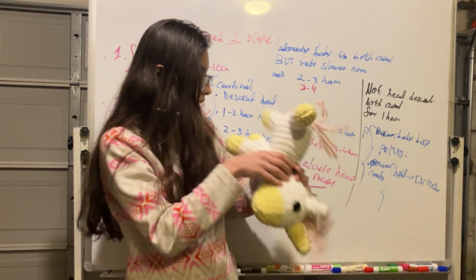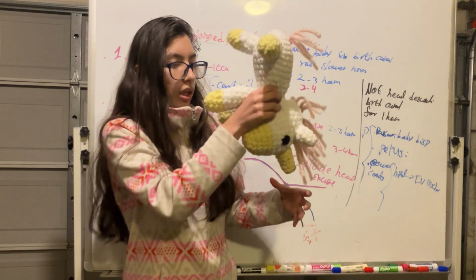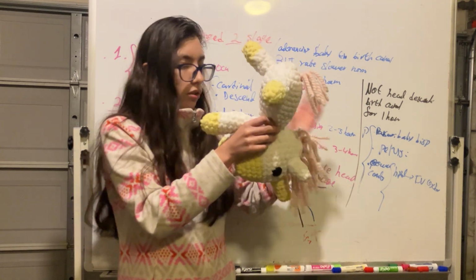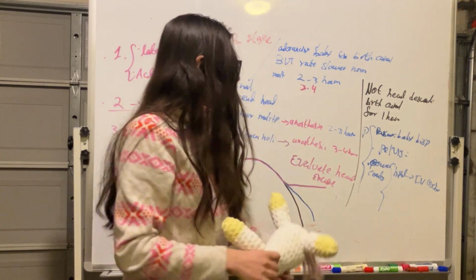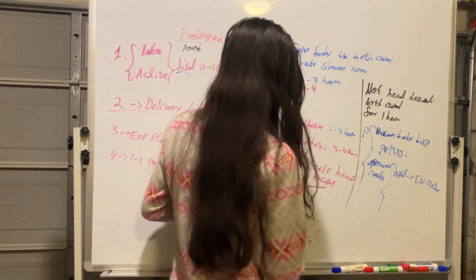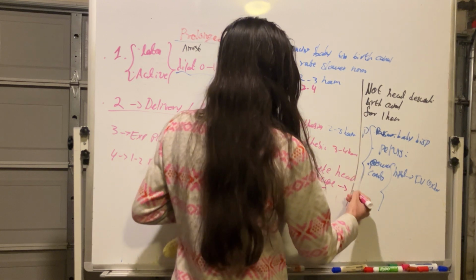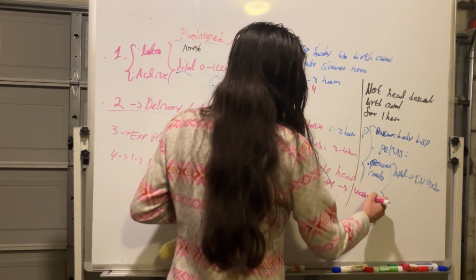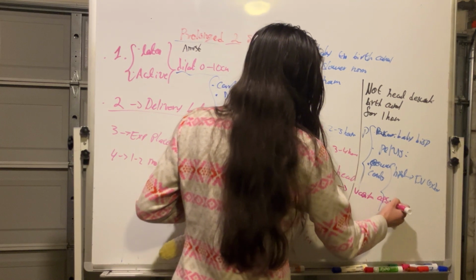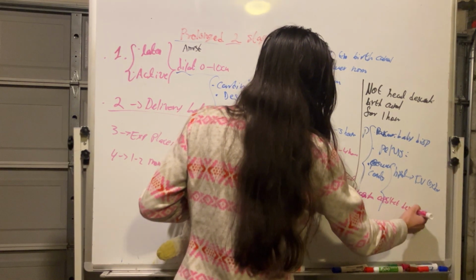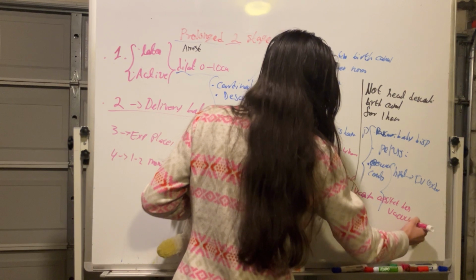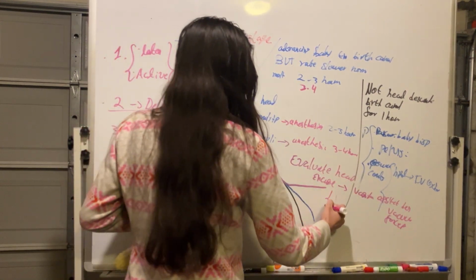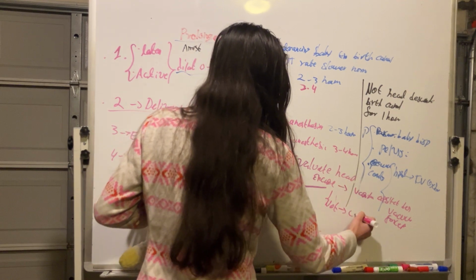If the head is not engaged, so if the baby is floating, we will just go to C-section. So if the head is engaged, we can do a vaginal delivery with an assisted device like vacuum or forceps. But if the head is not engaged, we will go to a C-section.